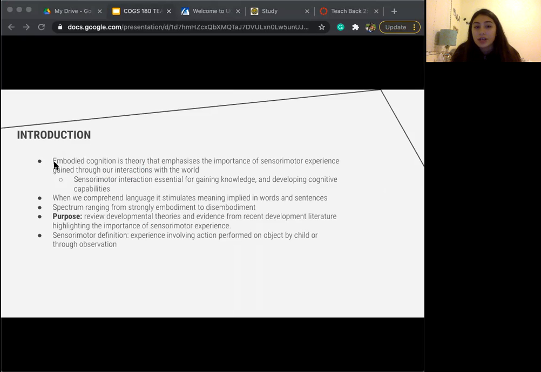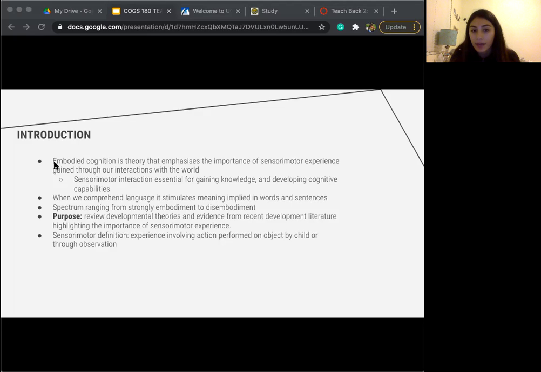When language is comprehended, it stimulates meaning in the words and the sentences. There are a variety of embodiment cognition theories that fall into the spectrum between strongly embodied and disembodied. This spectrum is regarding the relationship between sensory motor and cognitive processing.